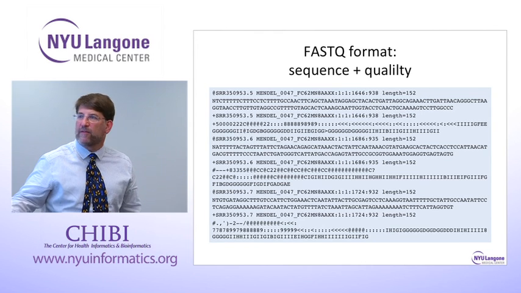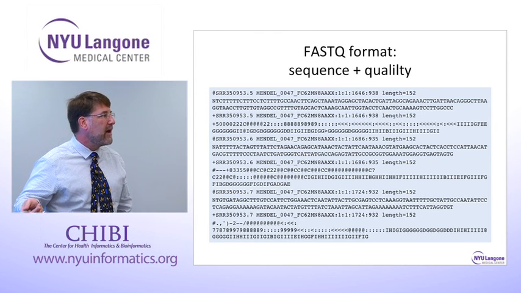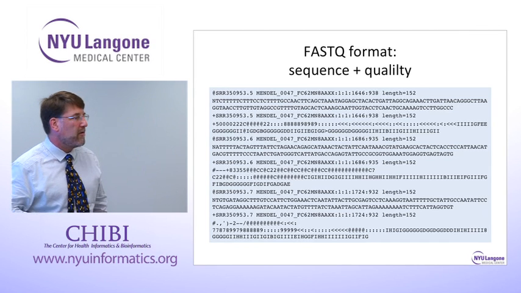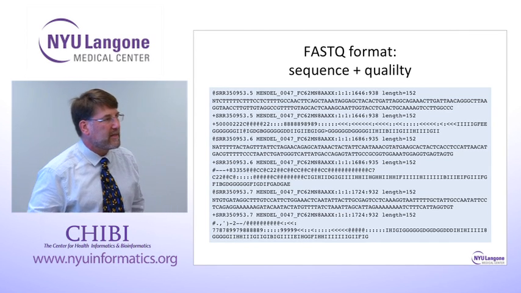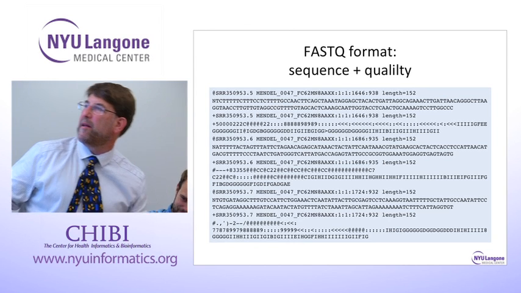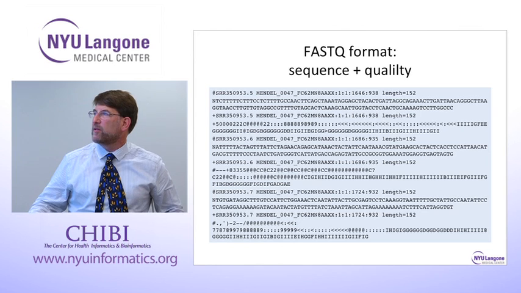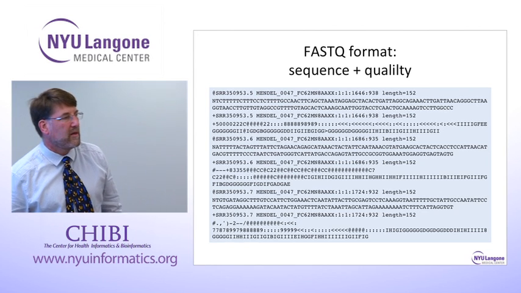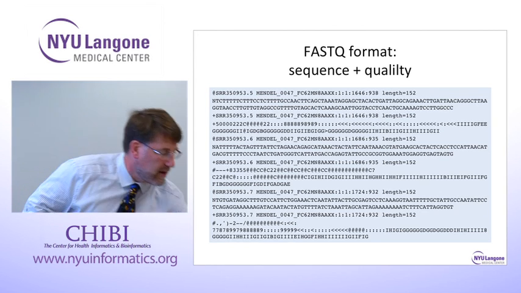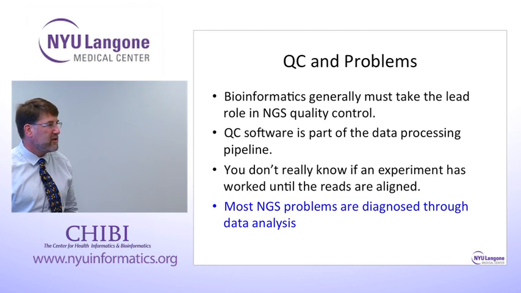They will send you back a file like this with perhaps 200 million lines per sample. So sizable file, many gigabytes. I should also point out that for every sequence string, there's a corresponding string of quality values. And that plays into our next step, which is to look at the QC of each run.